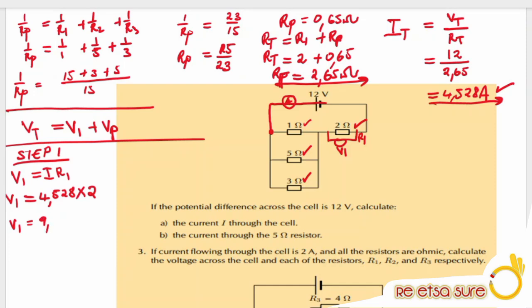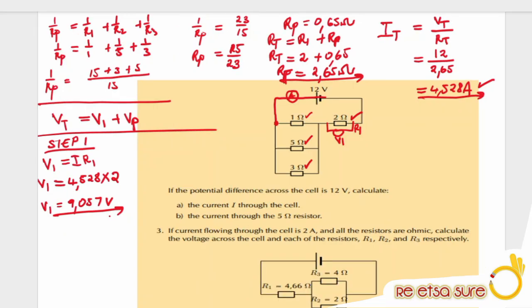It is 9,057 V. This is what I get. 9,057. 9,05 what? 7.